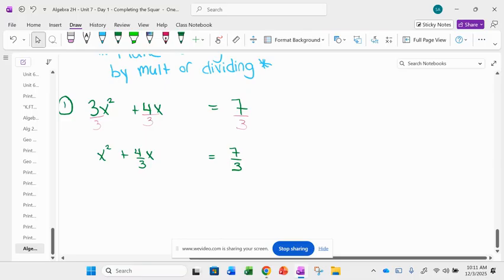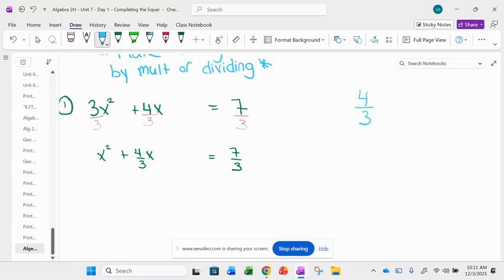So the rule says now go to your x coefficient and take half of your x. Think about this, guys. I'm going to take my x coefficient, which is 4/3, and I'm going to take half of that. Taking half is dividing by 2 or multiplying by 1/2. So I have 4/3 times a half is equal to 4/6.